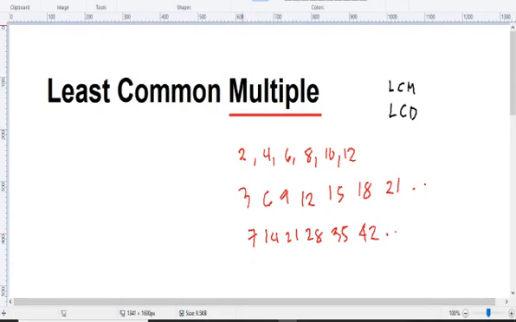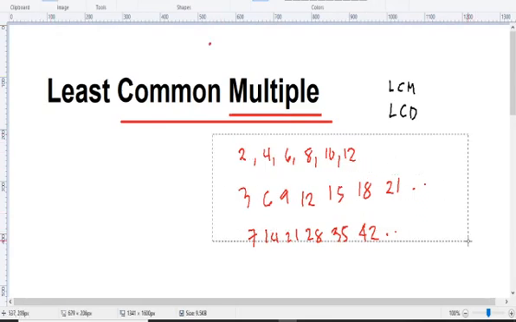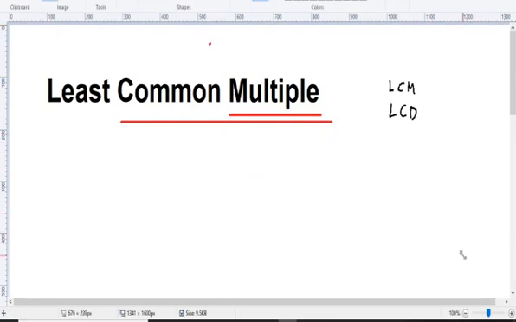Now we have the term common multiple. What do you mean when you say common multiple? For example, we have two numbers, say 6 and 8.